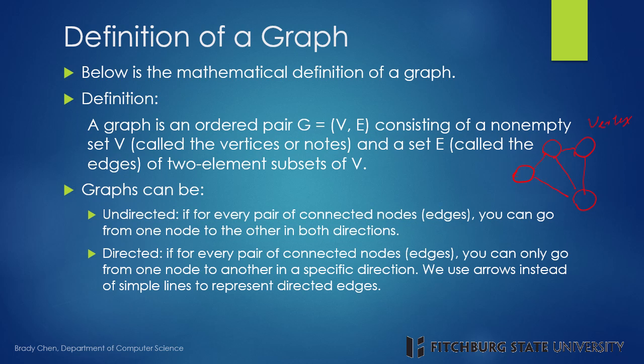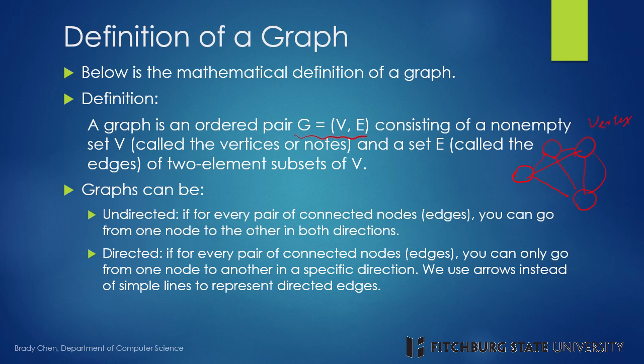The number of nodes may or may not be the same as the number of links. You can have more links, different kinds of links between the nodes, and so on. So it's denoted like this, where V means the set of vertices or nodes, and E is the set of edges.